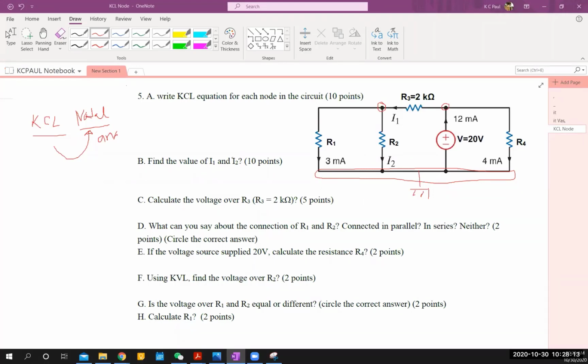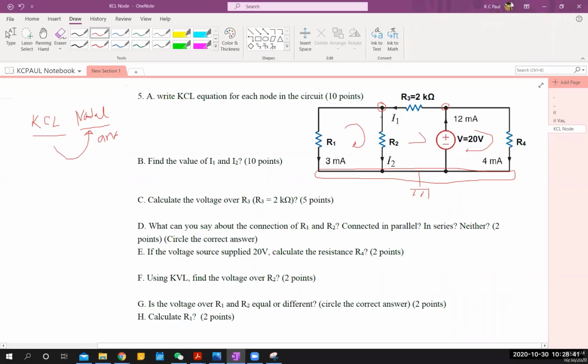There is no current given here other than I1, I2, I3, I4. If you want to write mesh analysis, you have to think about one current here, another current here, another current here. So you have to write 3 expressions.